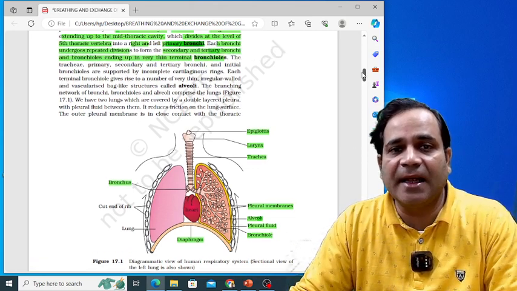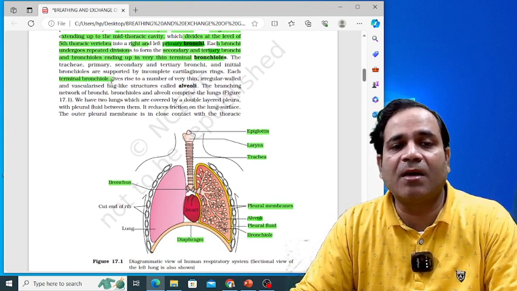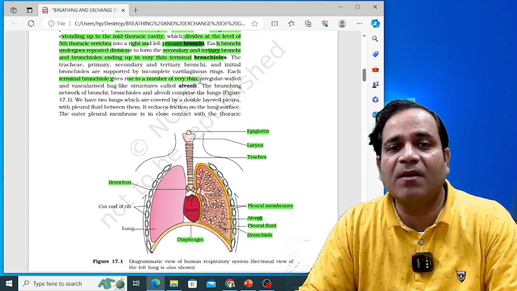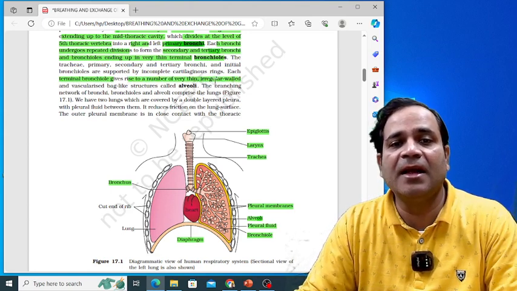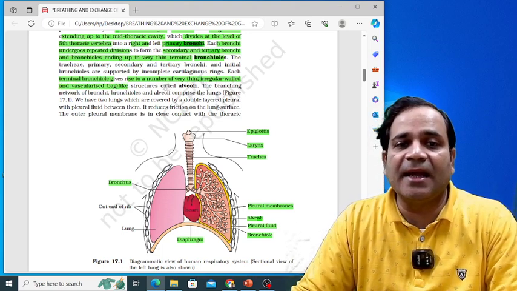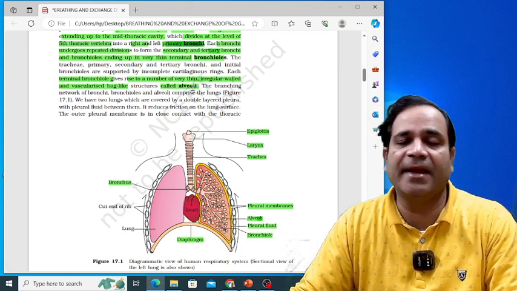Let's see here. NCERT also tells us that the terminal bronchioles give rise to a number of very thin, irregular-walled and vascularized bag-like structures called alveoli.